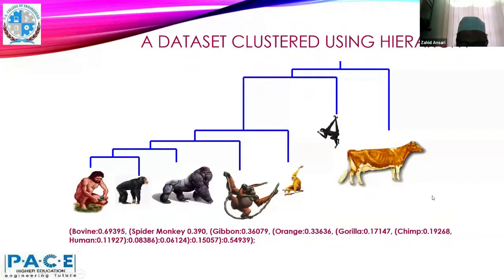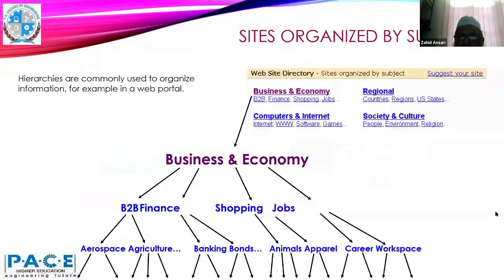Its distances are also given over there. Or you can apply it to the hierarchical clustering of websites. Business and economy has subclasses like B2B, finance, shopping, jobs, then B2B again to aerospace, agriculture, etc. So they can be organized.